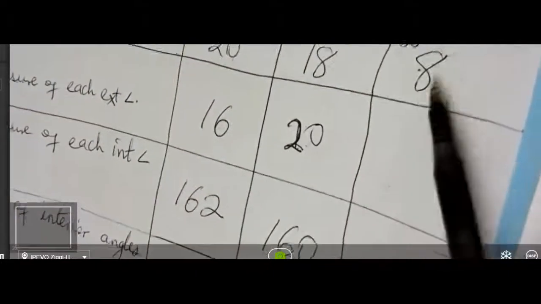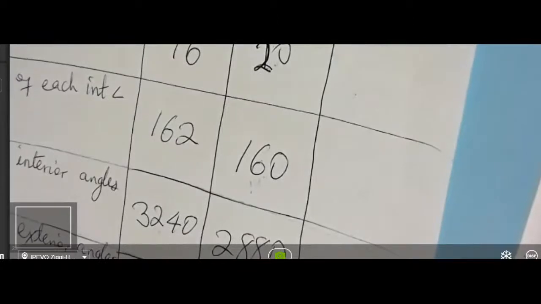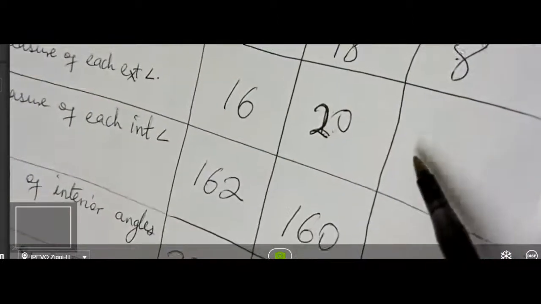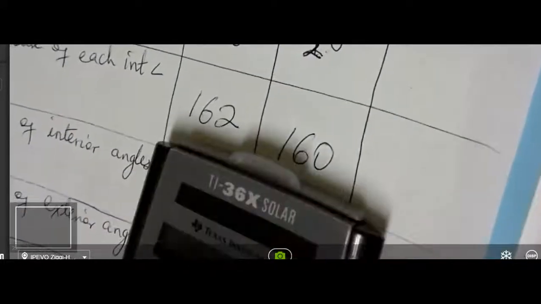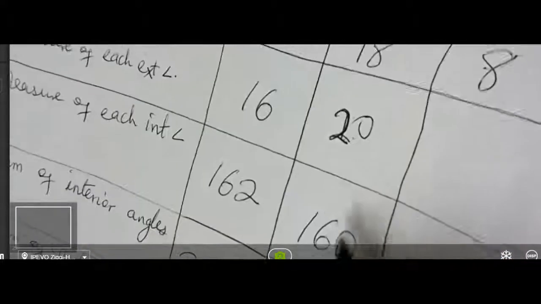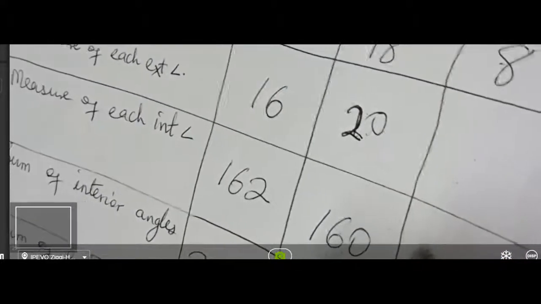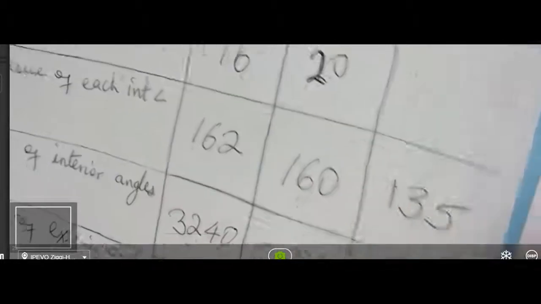Now that we know how many sides it has, we can divide the sum by 8 to find how much each angle would be. So 1080 divided by 8 is 135. Each measure of the interior angle is going to be 135.